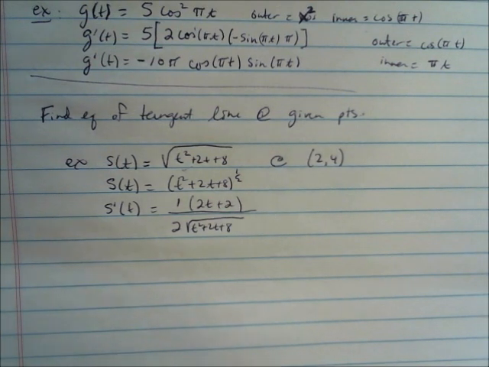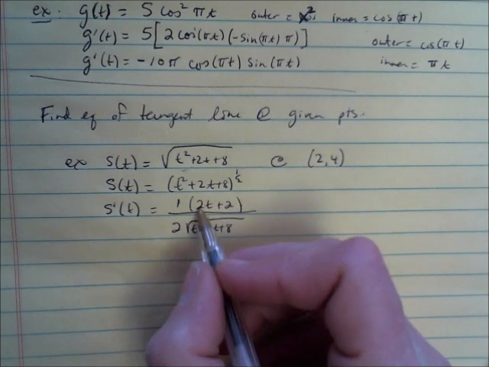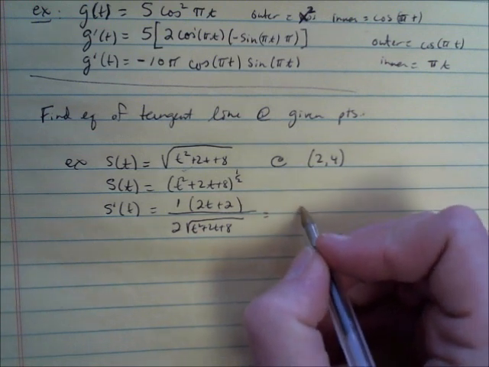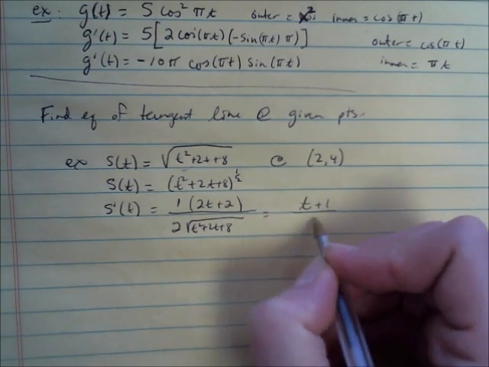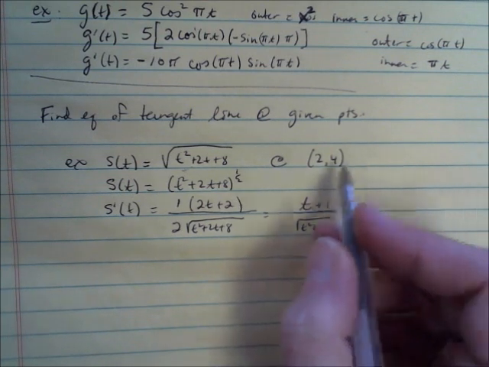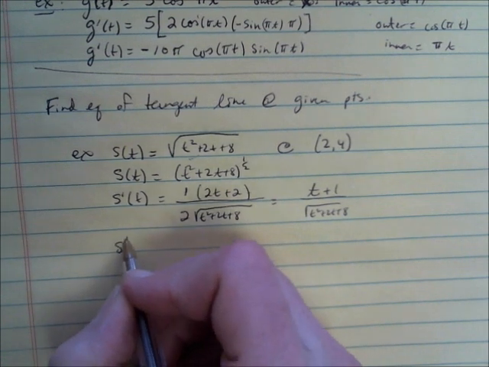which will go in the numerator. And now what I have is a common factor of 2, which will cancel out with this 2 in the denominator. So if I simplify this down, I'll just get t plus 1 all over the square root of t squared plus 2t plus 8. Now I want to evaluate this at t equals 2. So I'm going to find s prime of 2.